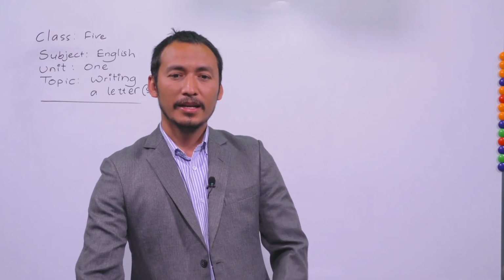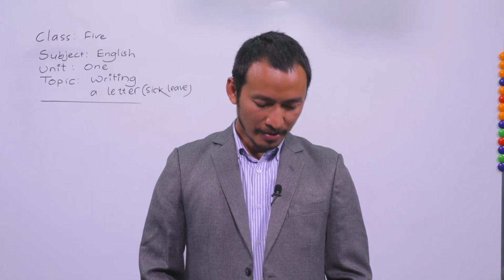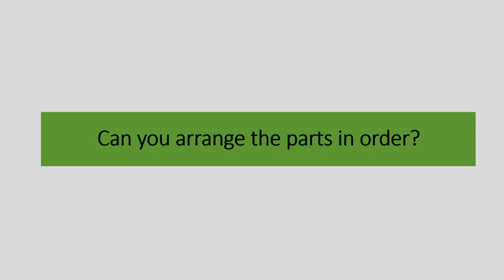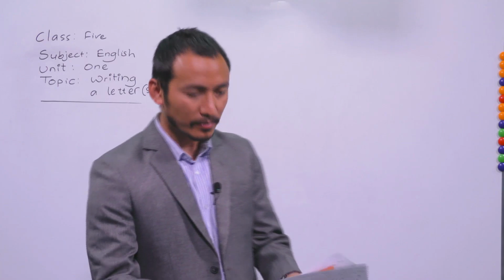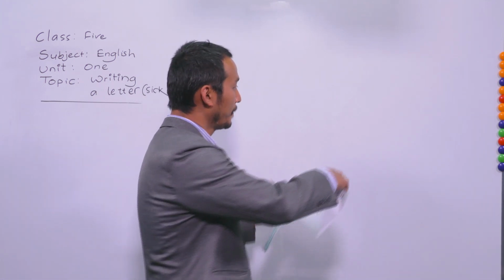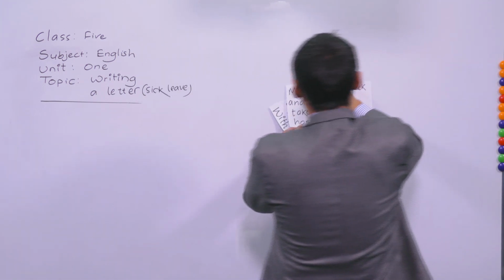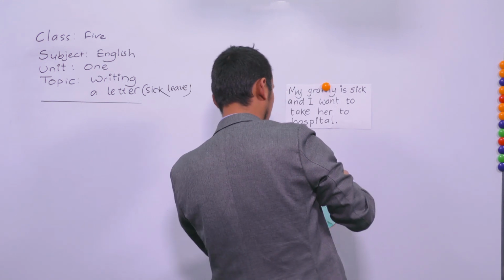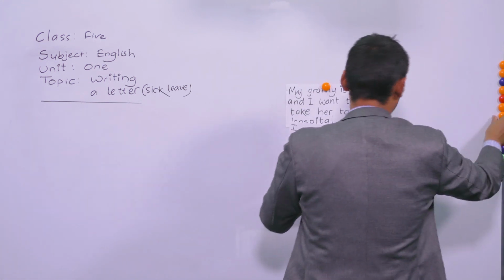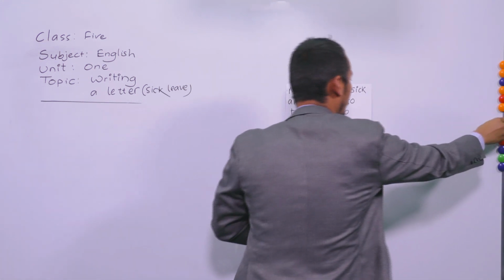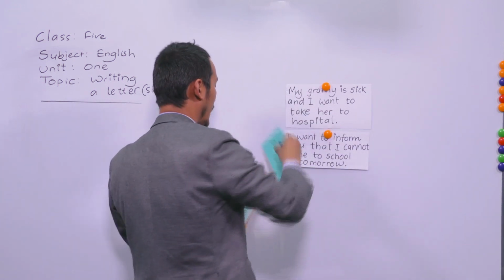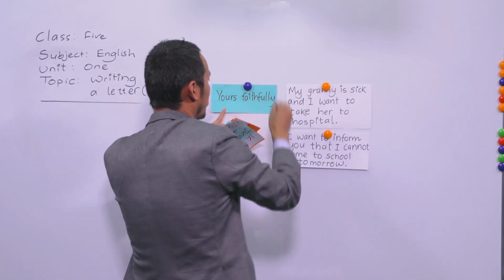Okay, let's see the parts again. Can you arrange the parts in order? I have some task for you. I'm going to break the letter which we just read. Now you have to arrange them in order. Okay, are you getting me?